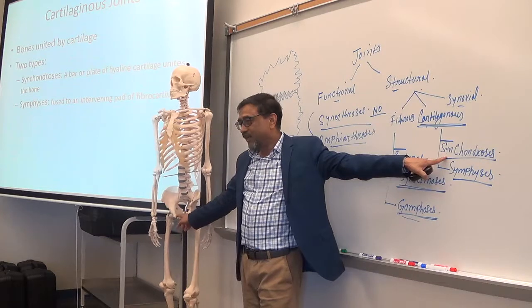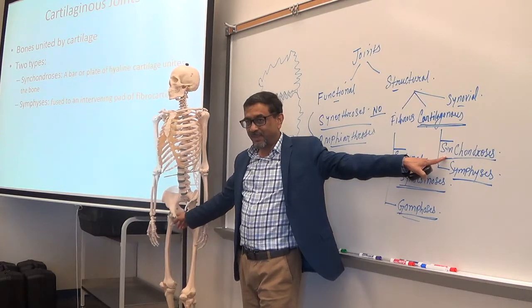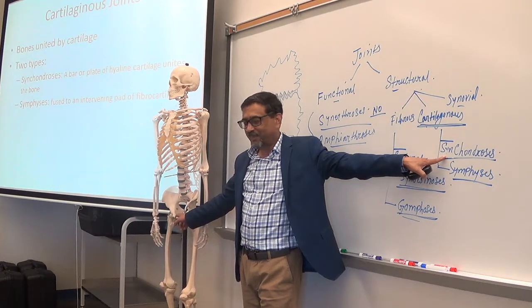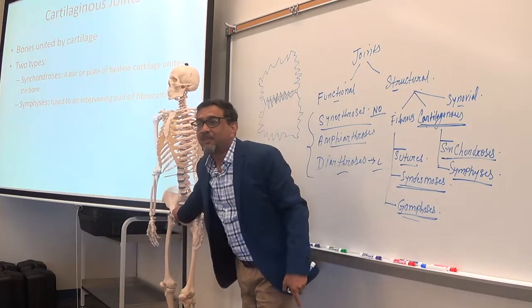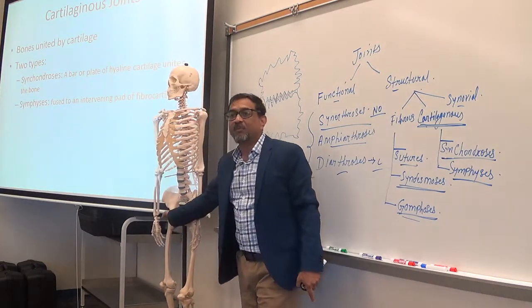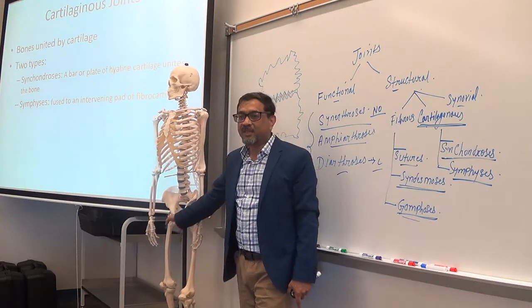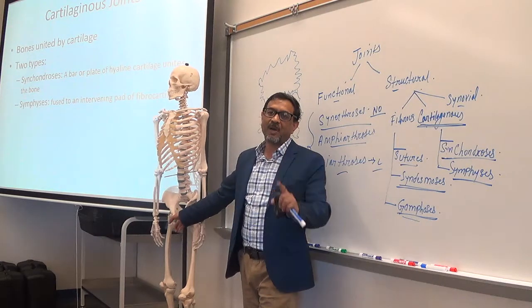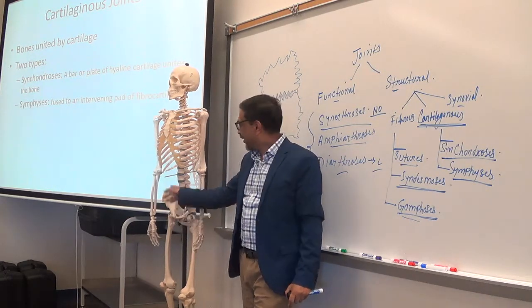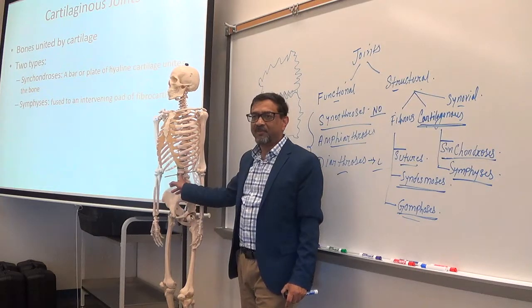Is it clear? You know this is called the pubic symphysis. In the last class I showed it. Why is this a symphysis type joint? Because the cartilage is what type of cartilage? Fibrocartilage. The intervertebral disc is also fibrocartilage.